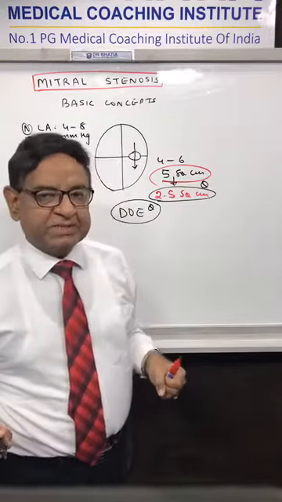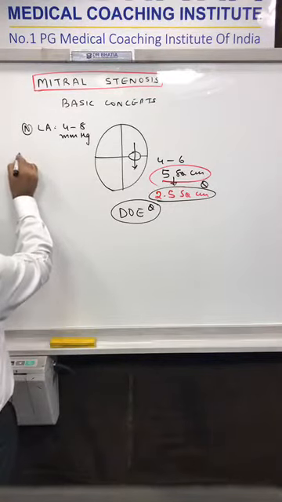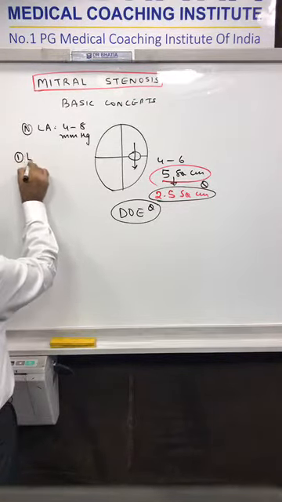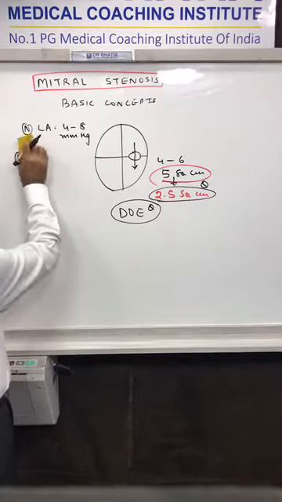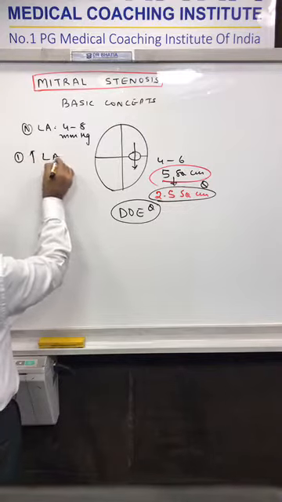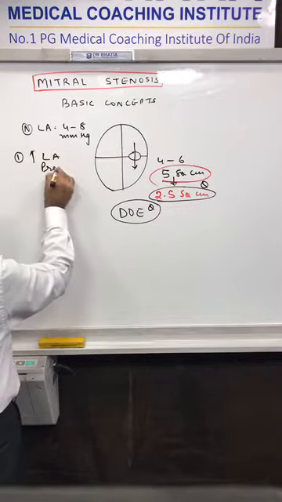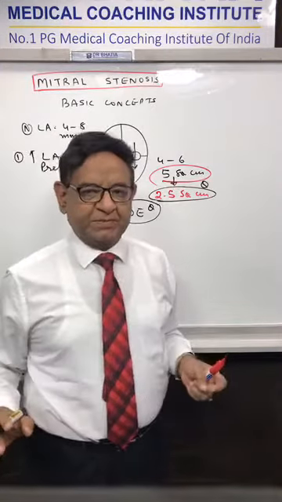LA pressure starts rising. So friends, the most characteristic feature of mitral stenosis is increased LA pressure. This is the most characteristic feature.